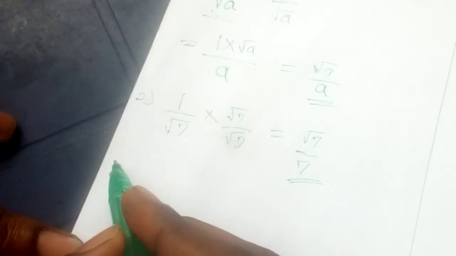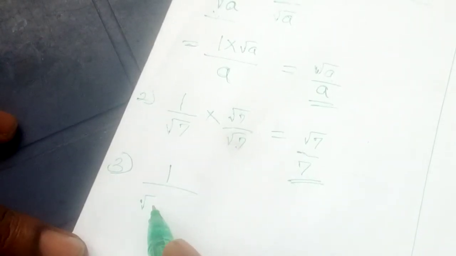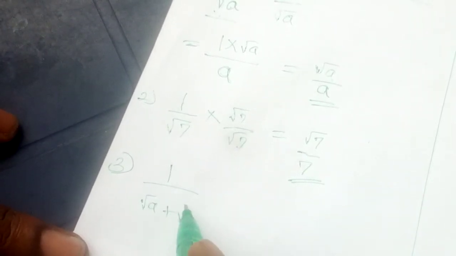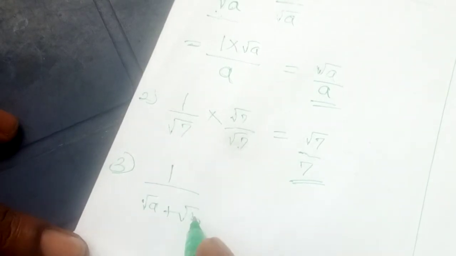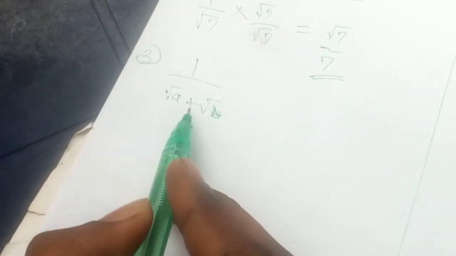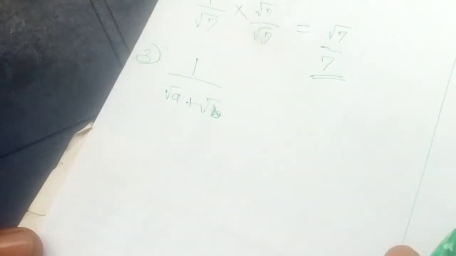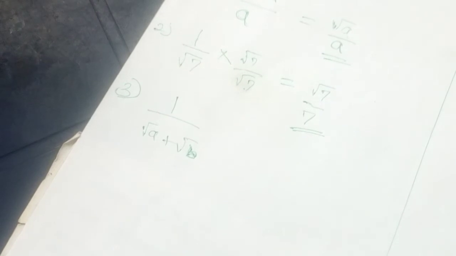Another form of surd I want to talk about is this, when you have, let's say, 1 over root A plus root B. Now if you look at this form of surd, it's quite different from the one we just finished. Why? Because we have an addition, a plus, and then root B. Now how do we tackle this kind of surd?